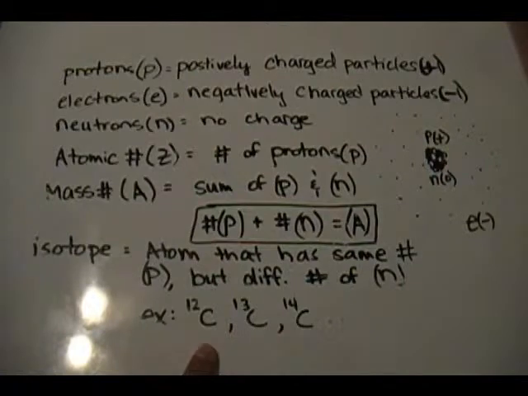The reason why these guys are different is not in regards to protons, okay? The amount of protons one atom has for a given element is going to be the same across the board for different isotopes. The only reason why these guys are different is because of the number of neutrons. Again, protons tell you the identity of an element. So for example, what is the element that has a proton count of 25?